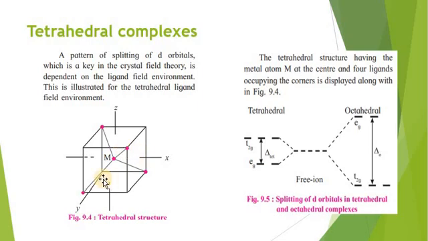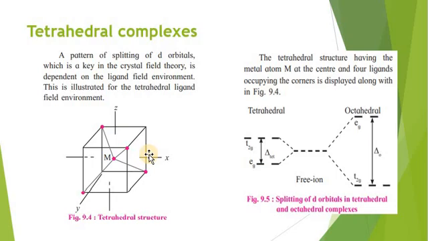So dxy, dyz and dzx experience more repulsion, and dx2-y2 and dz2 experience lesser repulsion. Due to the large repulsion, dxy, dyz and dzx orbitals have higher energy, whereas dx2-y2 and dz2 have relatively low energy.